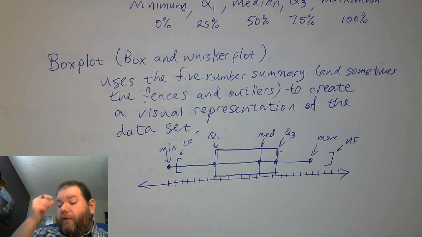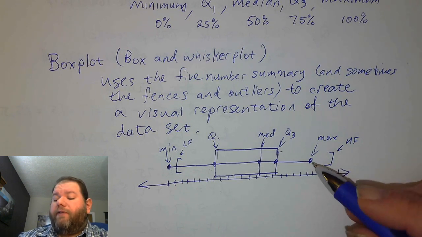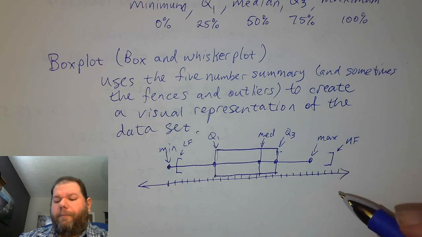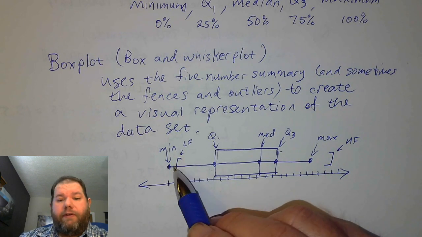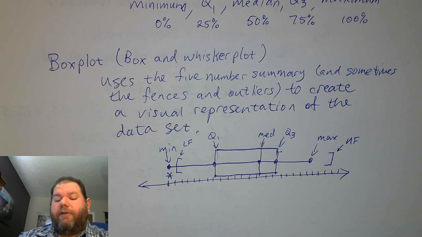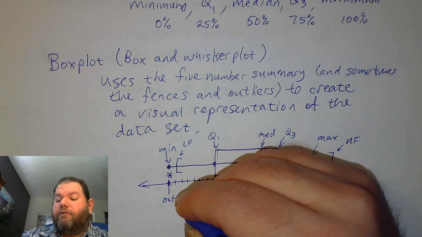Now, what happens is that since the upper fence is higher than the maximum, there aren't any outliers on this side of the data. On this side, though, because the minimum is lower than the lower fence, that means the minimum is an outlier, so we can label it with an asterisk. Okay. So the asterisk means outlier.